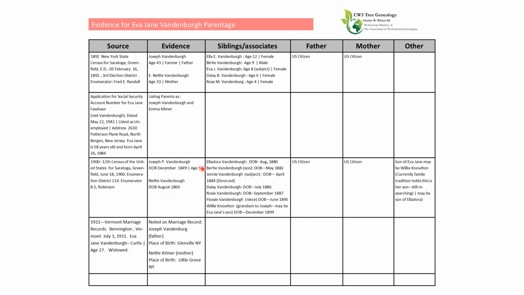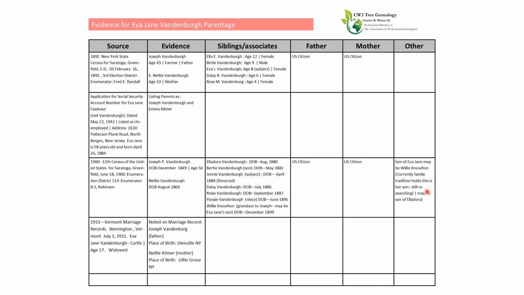Over here we also see more family members listed. So since Eva Jane was born, there are more living here. The father is a U.S. citizen, the mother is a U.S. citizen. And here in the column of other, it says the son of Eva Jane may be Willie Knowlton.